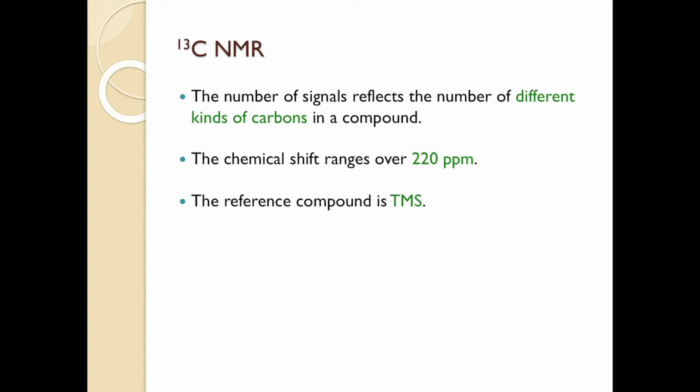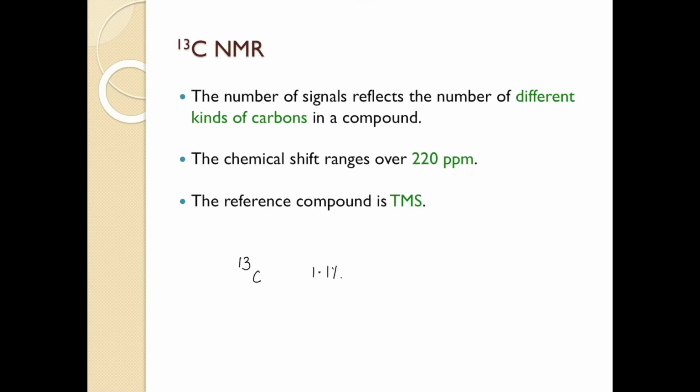There is also another difference in the NMR spectrum. In H-NMR, you can use a very small amount of sample and still get very intense peaks. But that's not the case in C13 NMR spectroscopy. You need lots of sample, because the natural abundance of C13 is very low, only about 1.1%.